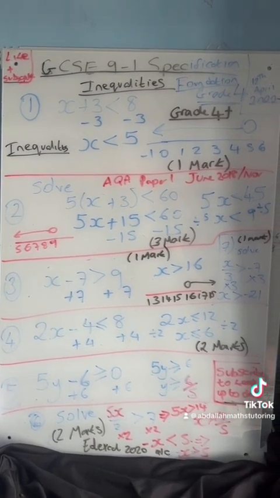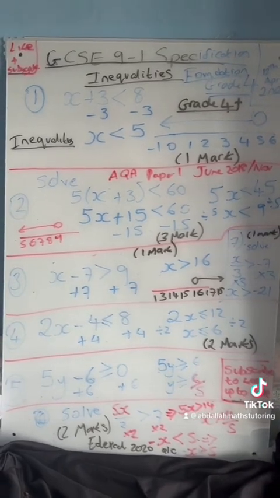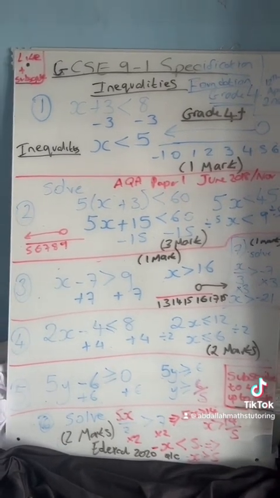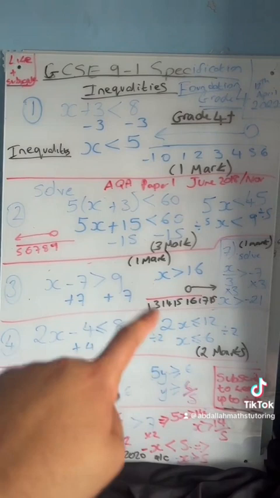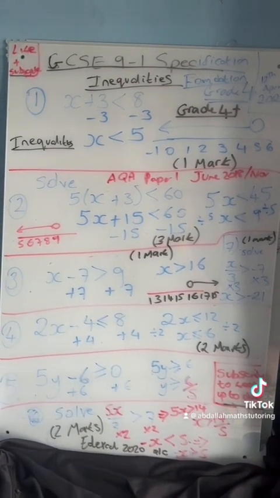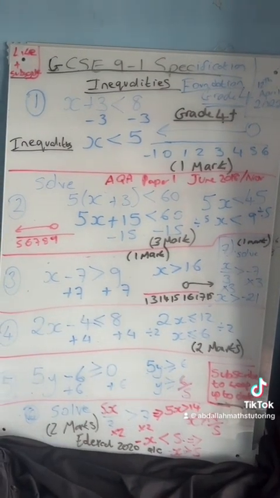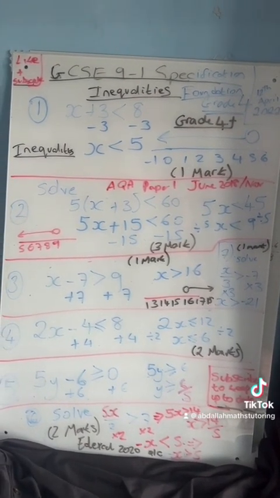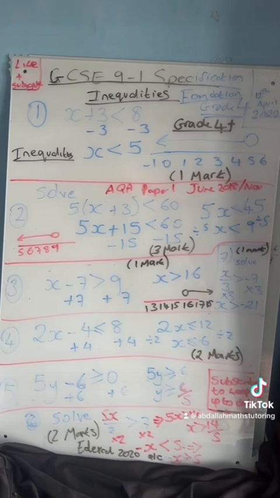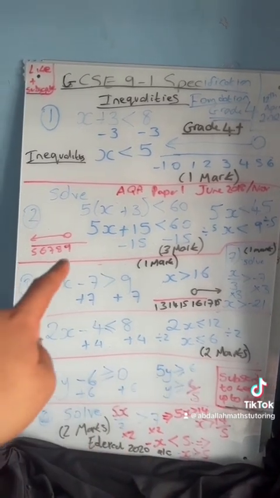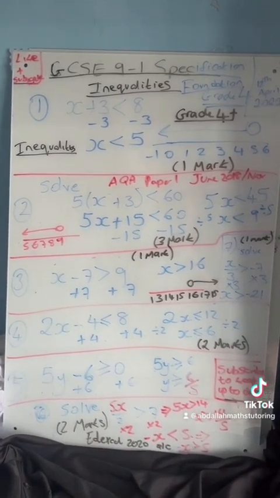That has to be less than 60. If I now subtract 15 from both sides of my inequality, I get 5x is less than 45. Dividing both sides by 5, I get x is less than 9. And that's the inequality that it satisfies.